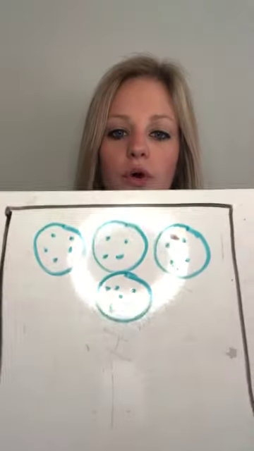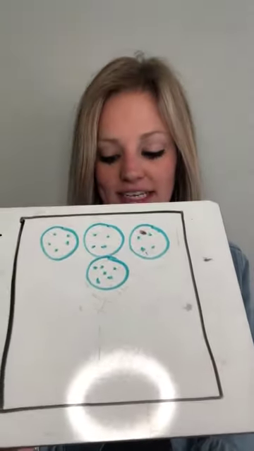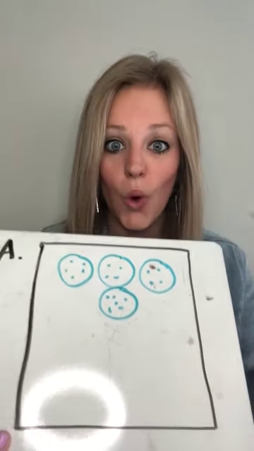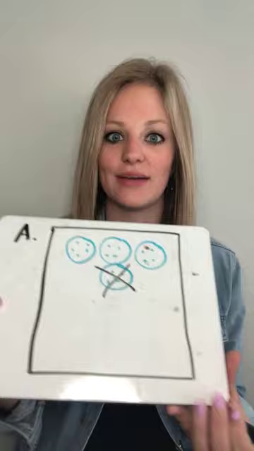So I have 4 cookies, and it said Sam had 4 cookies. He ate 1 cookie, and it says cross that 1 cookie out that he ate. So cross it off. If he ate 1, that means it's not there anymore. It's gone, it's in Sam's tummy.